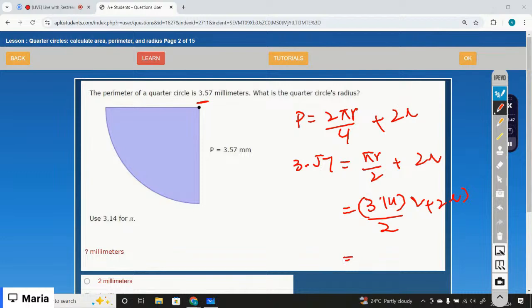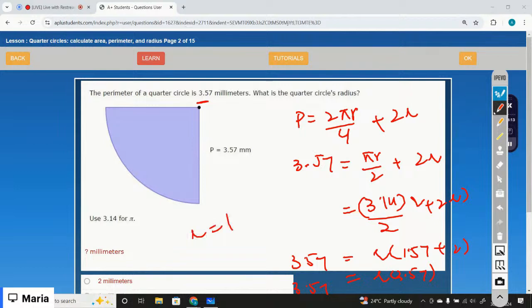So 3.14 divided by 2 is 1.57. Take r common, you are left with 1.57 plus 2, which is 3.57. So divide both sides by 3.57. That is r equals 1.